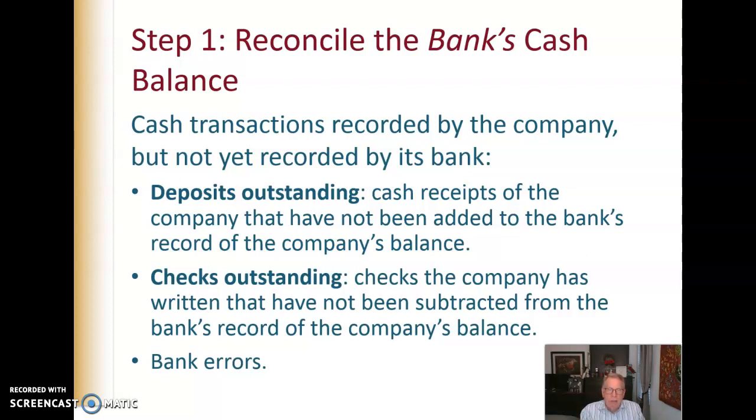But if it hasn't been cashed, and the check is still in the hands of the people to whom we issued it, then it's outstanding. And we have to subtract that from the bank side. Those are the only two things you want to do on the bank side unless there's a bank error. You add deposits in transit, as it's sometimes called, or subtract checks outstanding. Does that make sense? Okay.